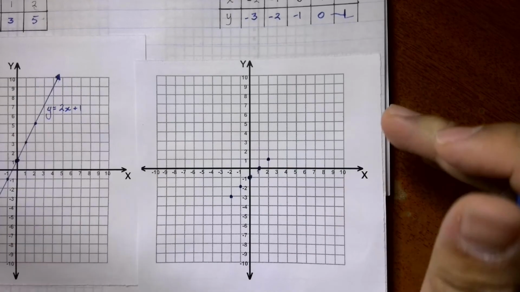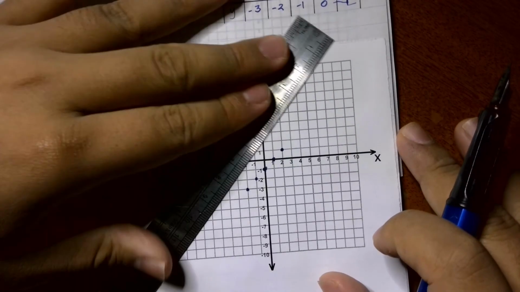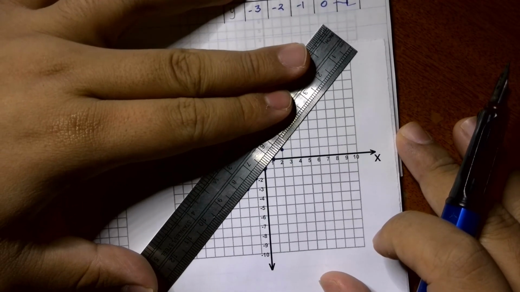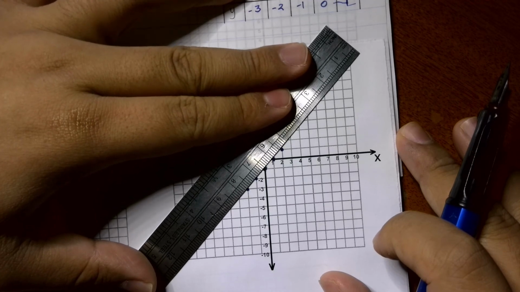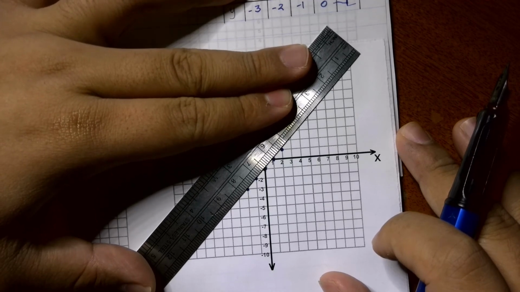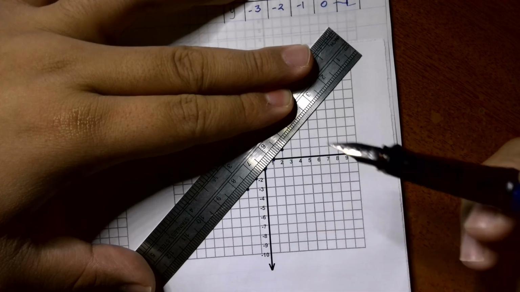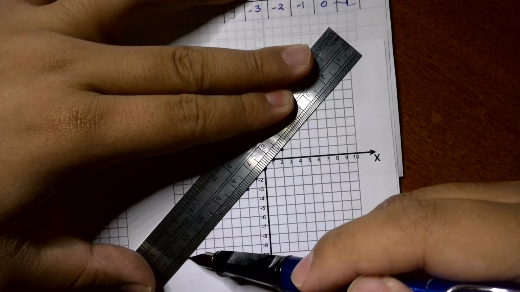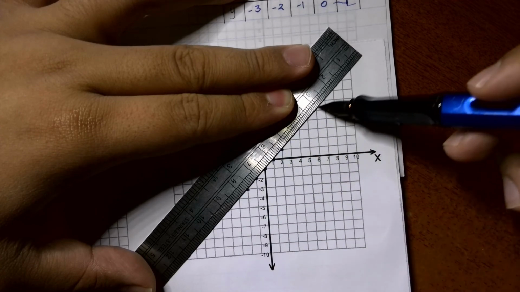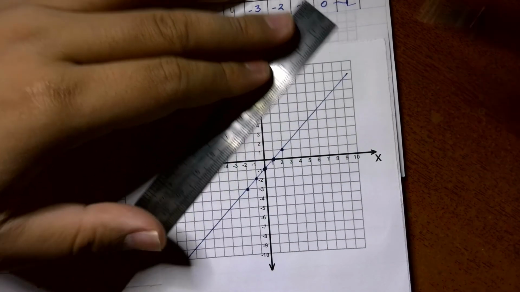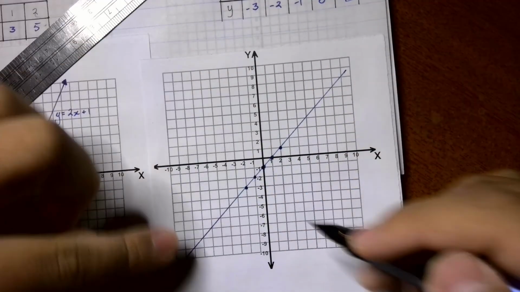So using these 5 points, we're going to join them up, making sure it's as straight as possible in a line. There we go. And extend it as far out as the table will let you.